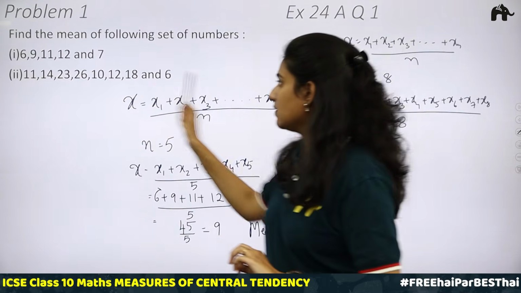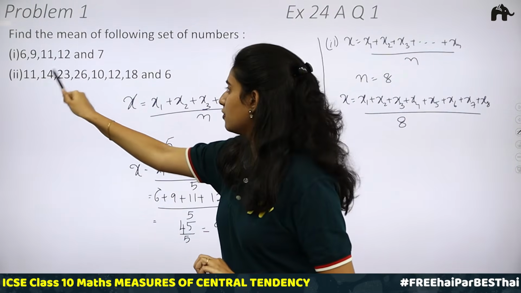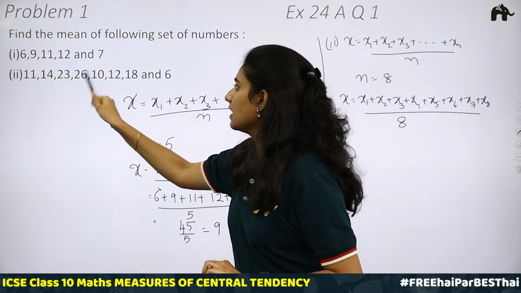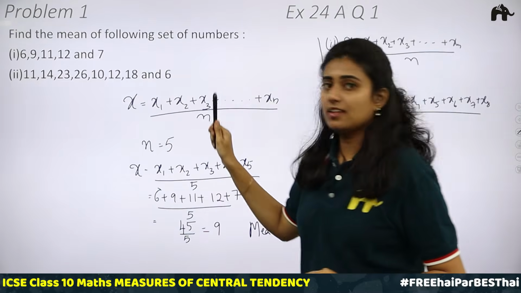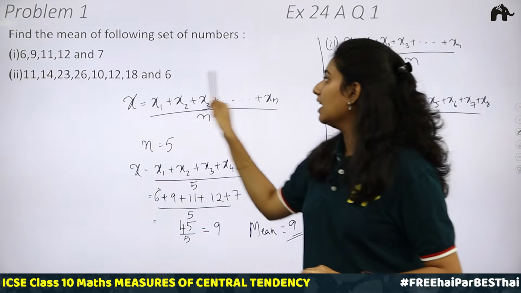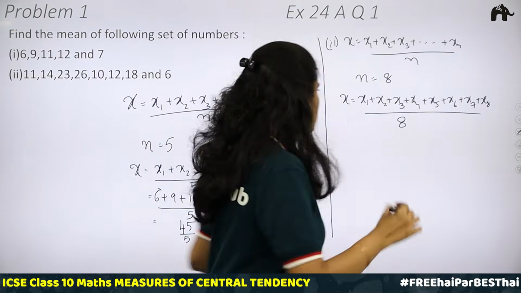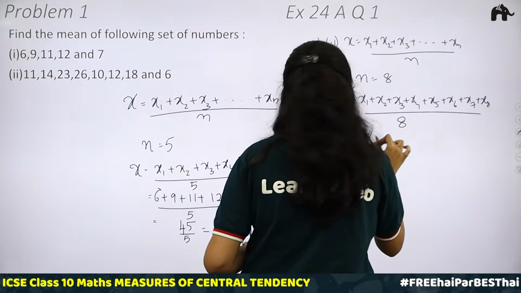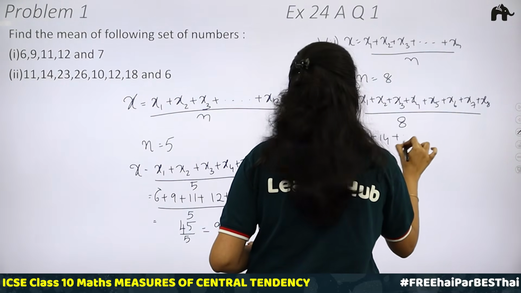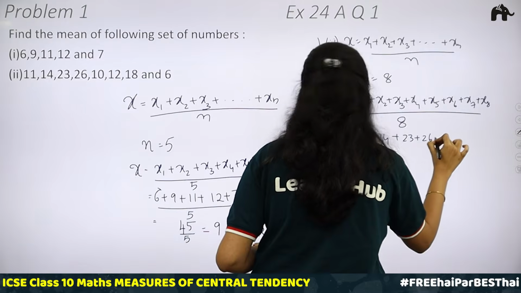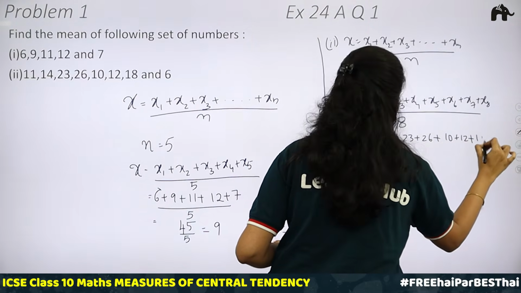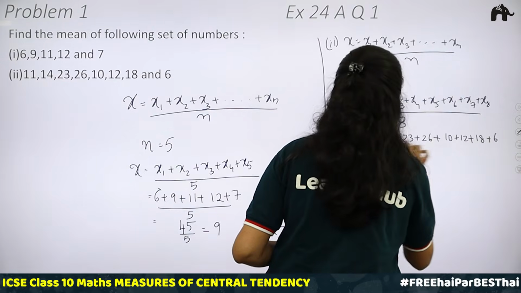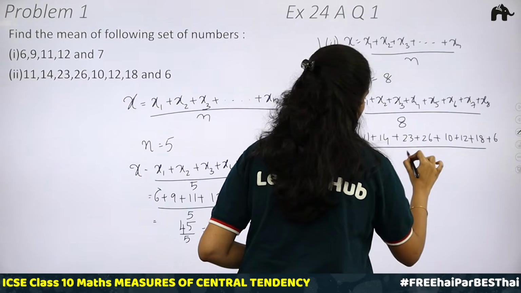Okay, what is x1? x1 is 11, x2 is 14, x3 is 23, x4 is 26, x5 is 10, x6 is 12, x7 is 18 and x8 is 6. Okay, putting the values, 11 plus 14 plus 23 plus 26 plus 10 plus 12 plus 18 plus 6 whole divided by 8.